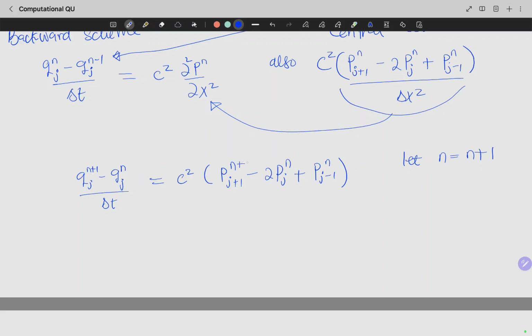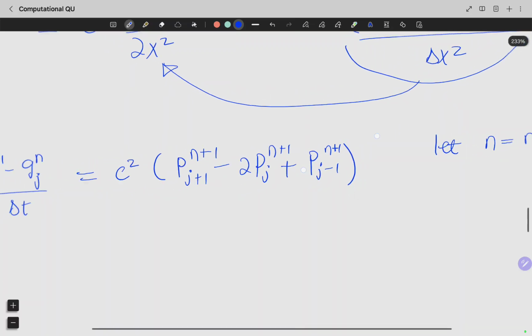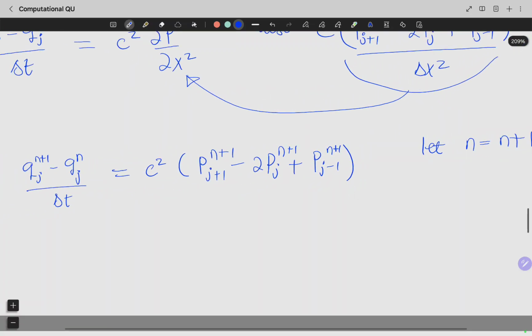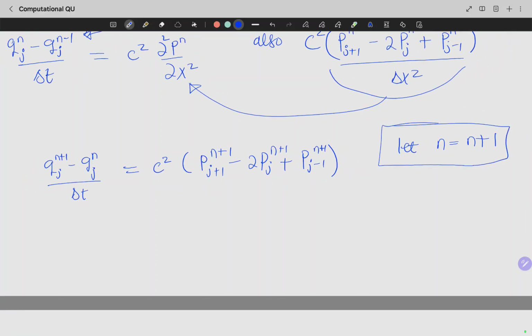This one will be n plus 1, n plus 1, n plus 1. Why is this done? This is done in order to be able to solve using the methods that are available.